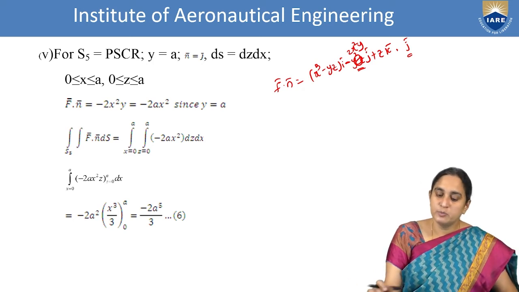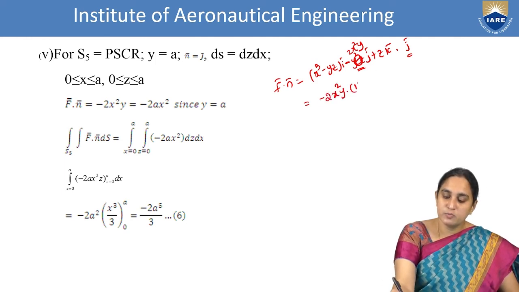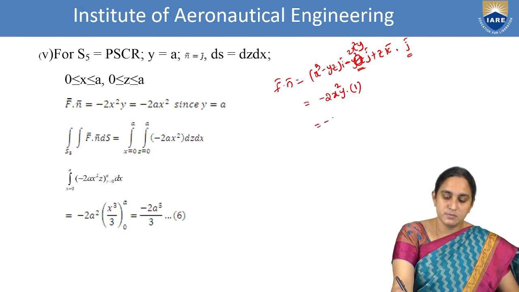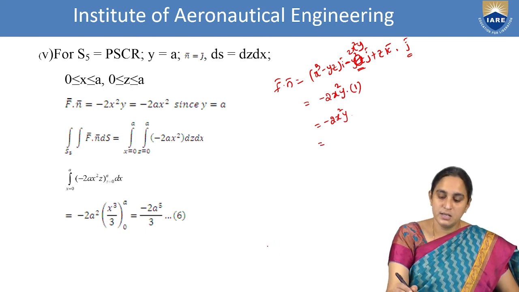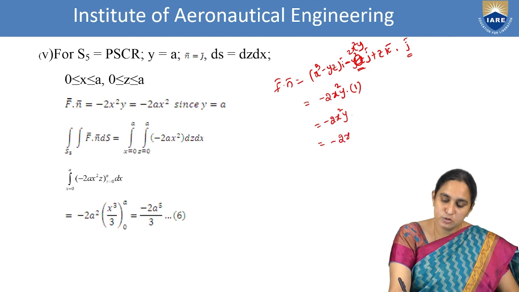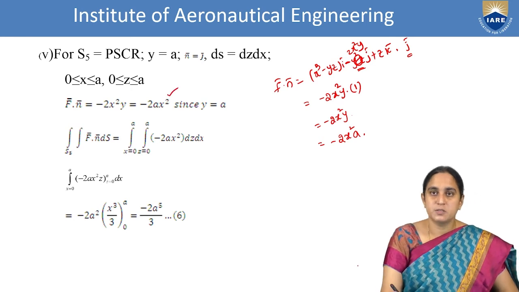Now dot product with both the matrices, that is j bar coefficient is here minus 2x square y and j bar coefficient as 1, that is minus 2x square y. Okay, from that here already we know that y limit point is what? A. Substitute there, that is minus 2x square into a. Therefore, this is minus 2ax square.